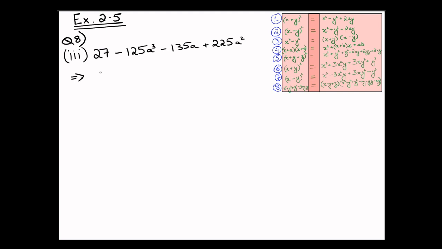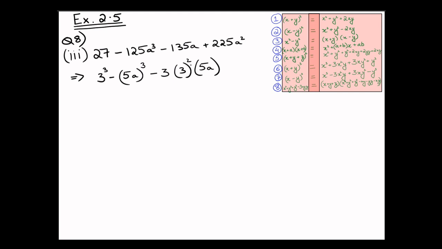Again, let's represent this as 3 cube minus 5a whole cube minus 3 into 3 square times 5a to indicate the minus 3x square y part of identity number 7.